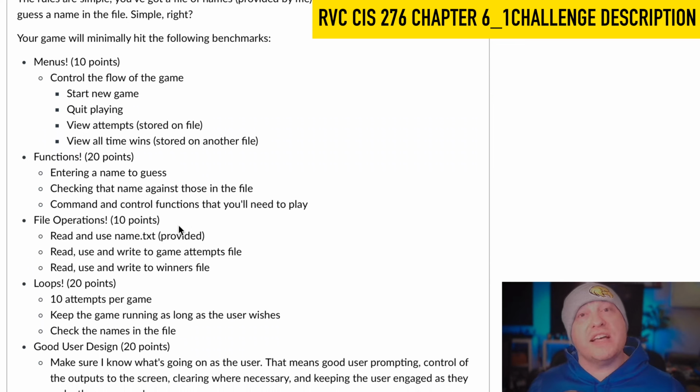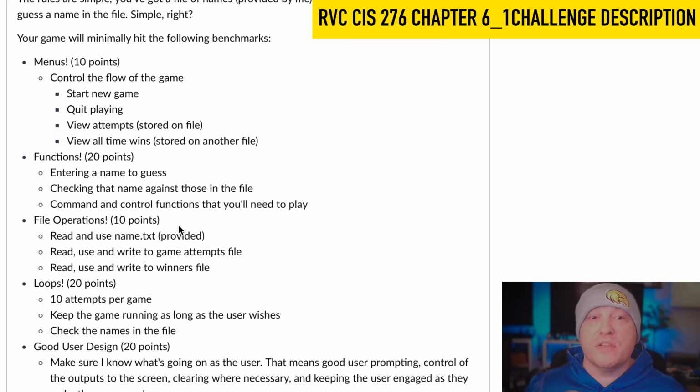Just because we've guessed a name one time doesn't mean I don't want to try and do this again. So having a menu structure as part of a function that you call will help control the flow of the game as you are coming through.